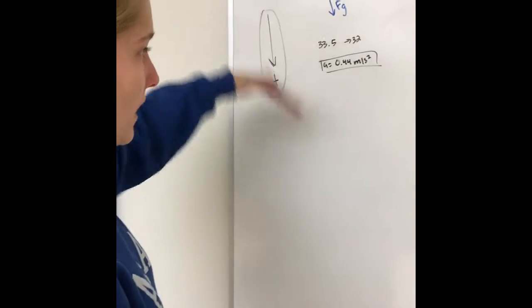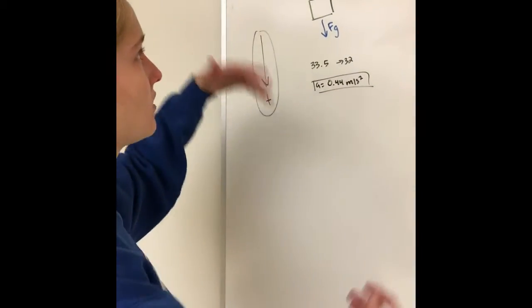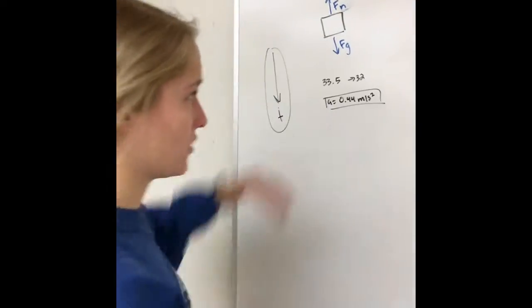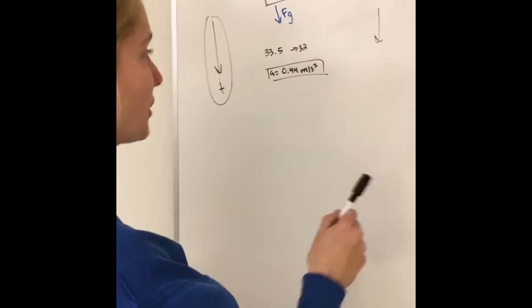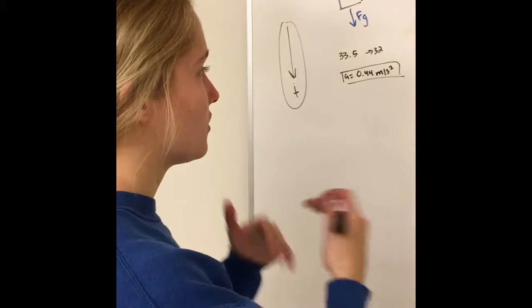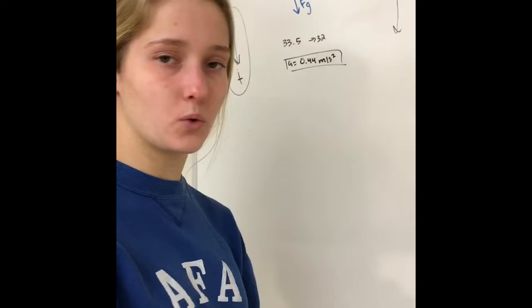So then the magnitude is less than what the other ones were because we are working in the downwards direction, going with gravity. So then force of normal has to do less work on the object, so we do not have to do as much work.